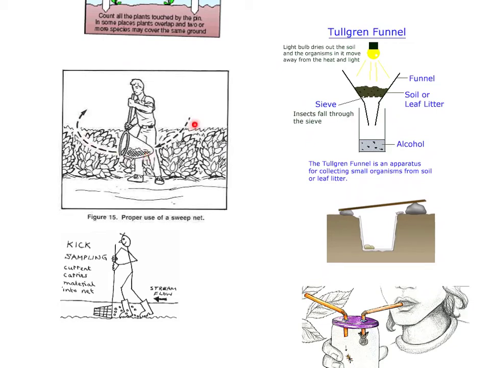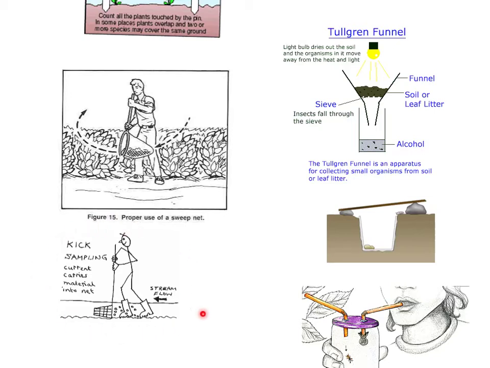So here's sweep netting. You've just got a net that we sweep through foliage, catching flying insects, and we'd have to have a system of randomly moving through the sample area with our sweep net. Similar approach, but in water, there's a kick sample.